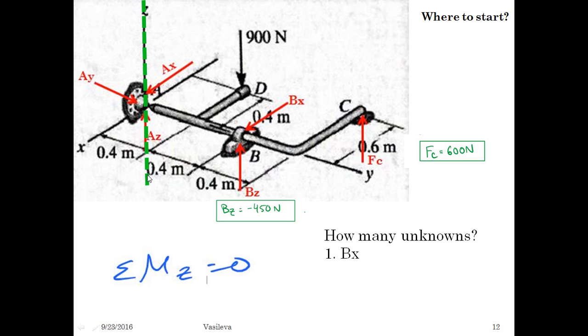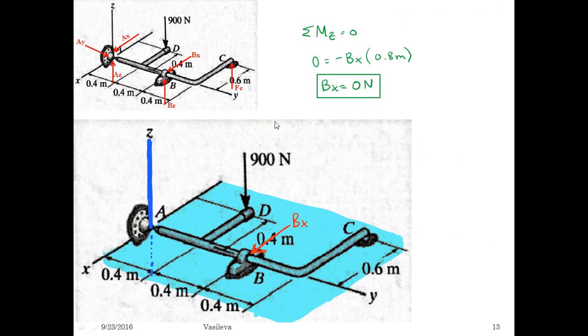With respect to the z-axis, we have just found BZ, we have found FC, so the only unknown is BX. So that's what we can solve for, right? Because BZ and FC are parallel to the z-axis, they do not cause a moment about that axis.